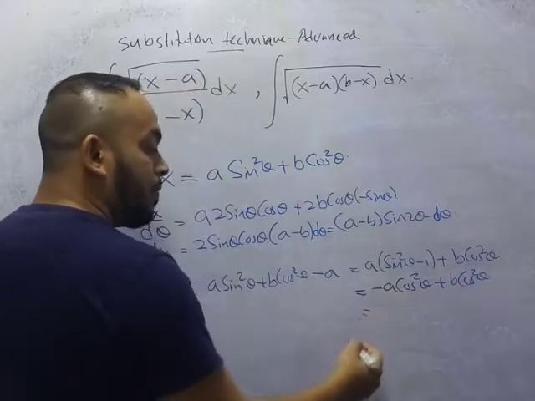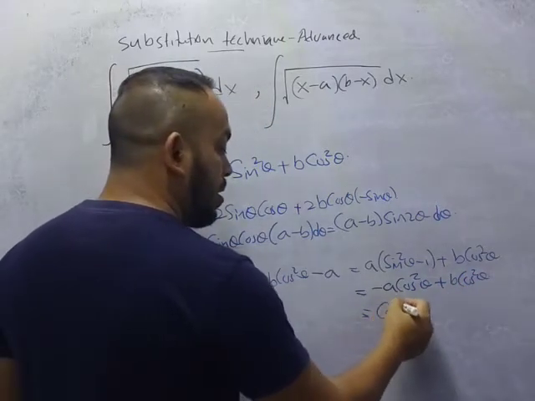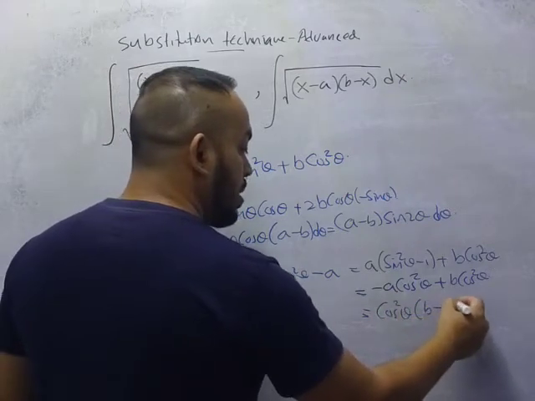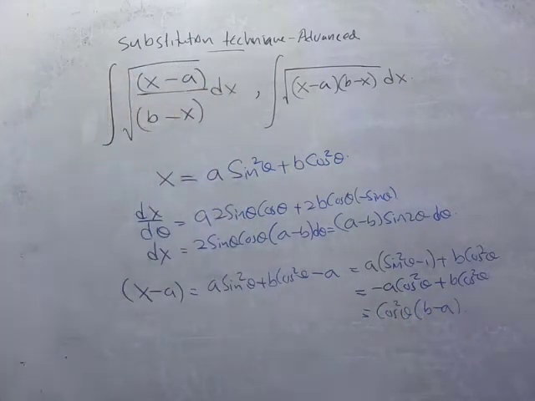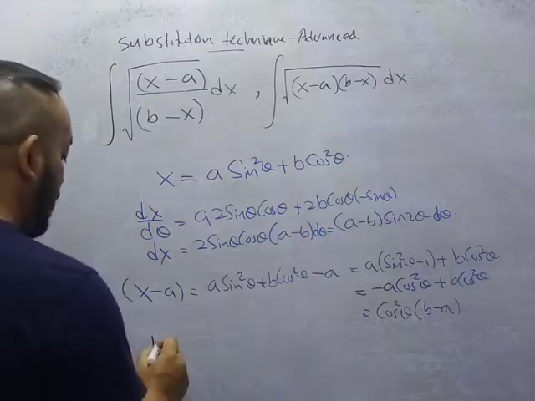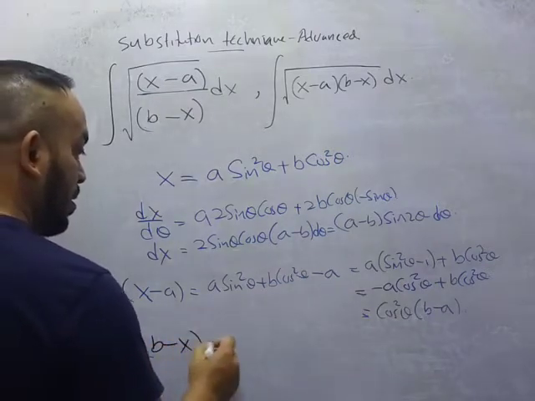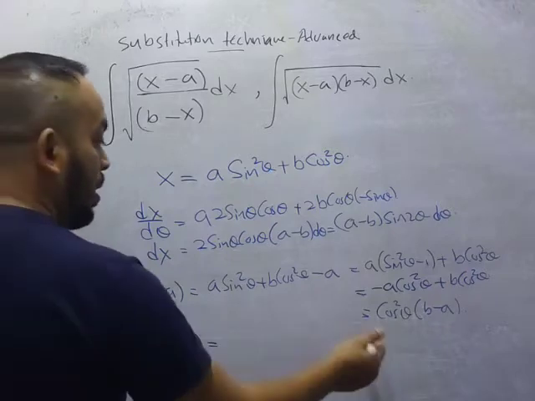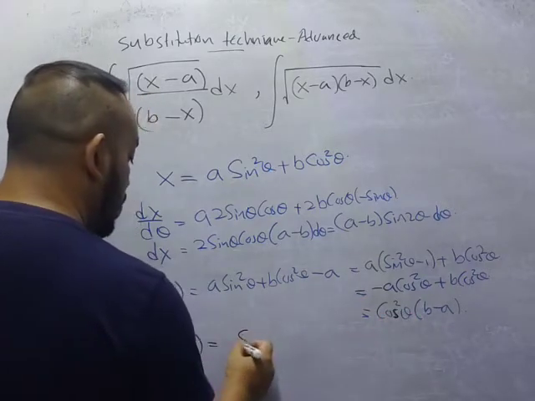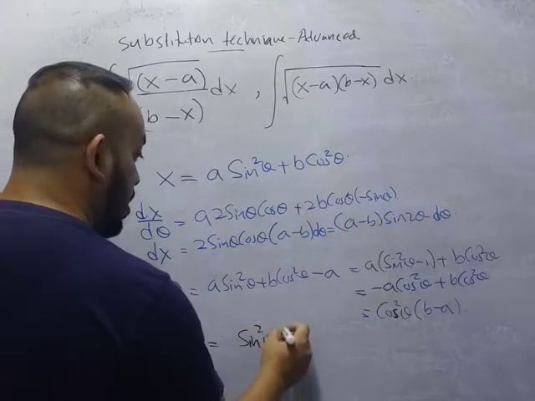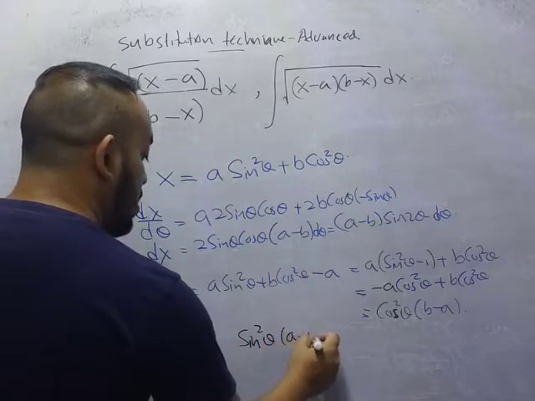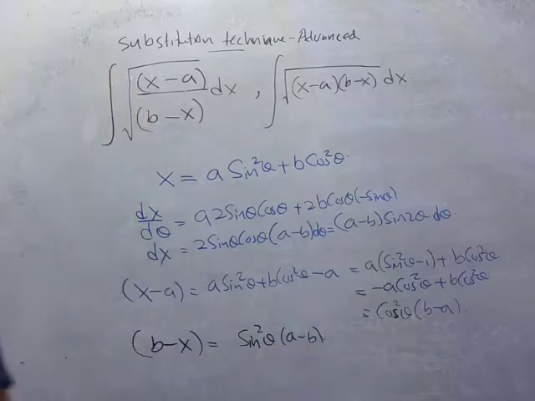Right. So now I can factor out cos square theta. Then I get cos square theta, b minus a. Right. So similarly, b minus x, try this on your own. This would be sine square theta, a minus b.